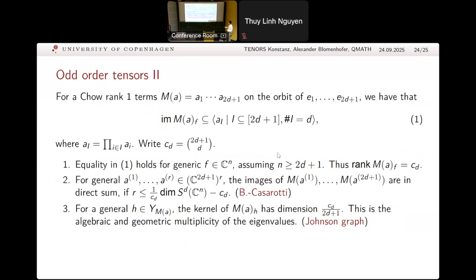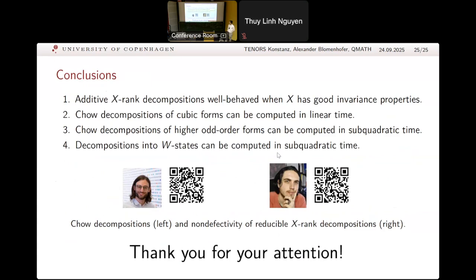This means that you can again understand the contraction variety by understanding the matrices corresponding to the Chow rank 1 terms, and then you need to understand when these slightly more complicated things drop rank. For that we use the eigenvalues of the Johnson graph. There's a bit of a combinatorial construction. But that's basically it.